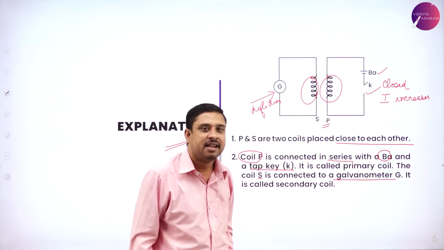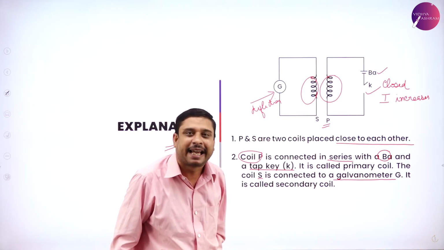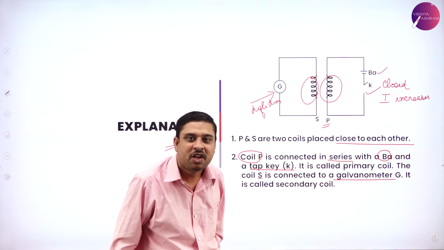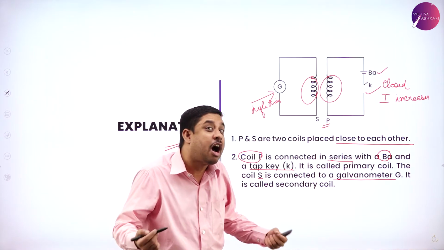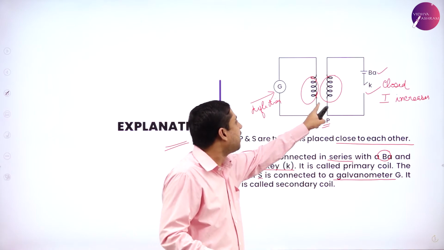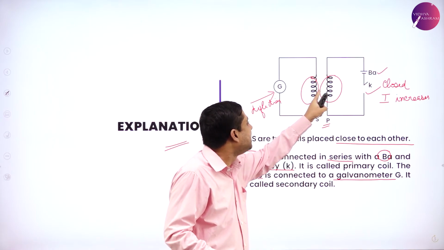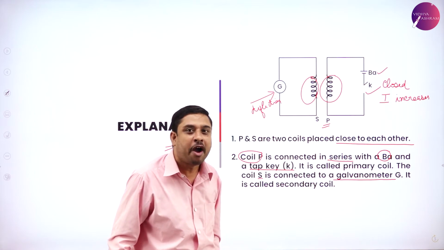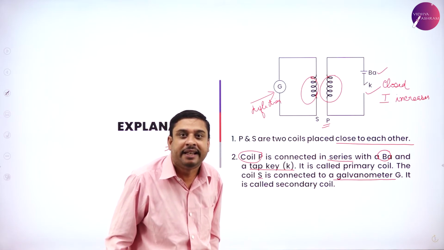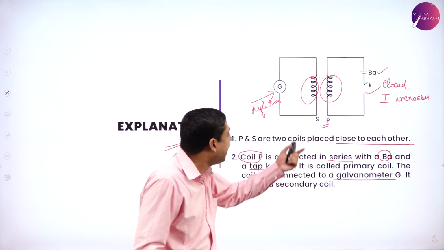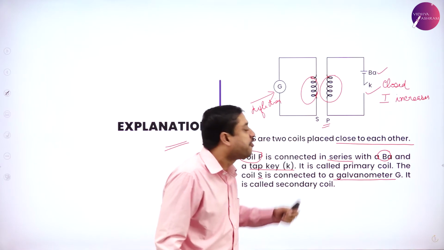So from where do I get this induced current? Magnetic flux across the secondary has changed, which has induced EMF. And who is the cause for that? Current increasing in the primary coil. So you can beautifully see a phenomenon is happening between a pair of coils.